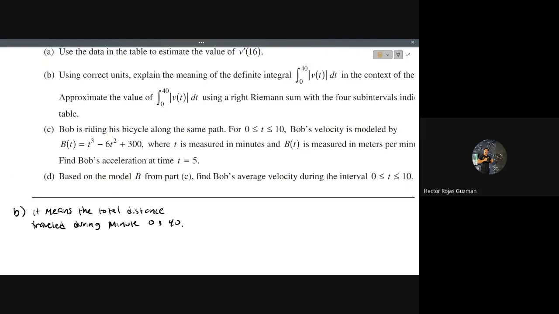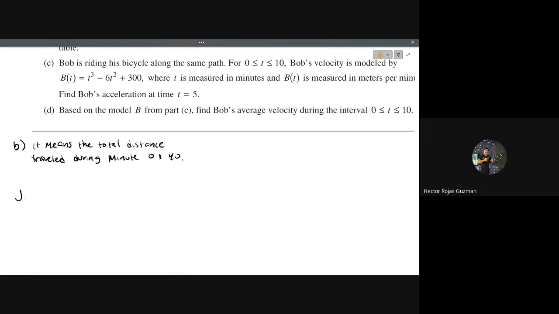Now let's actually do it. The integral from 0 to 40 of v of t dt using the right Riemann sum. And you know what? I'm going to use function notation instead of keeping it simple as base times height. The base would be 12 minus 0.